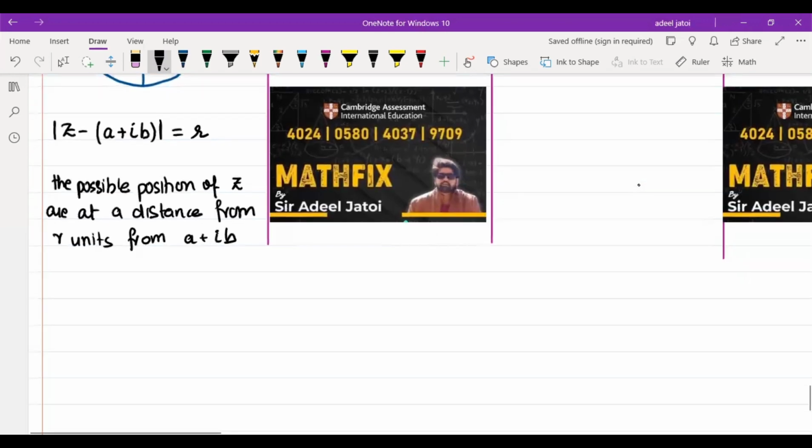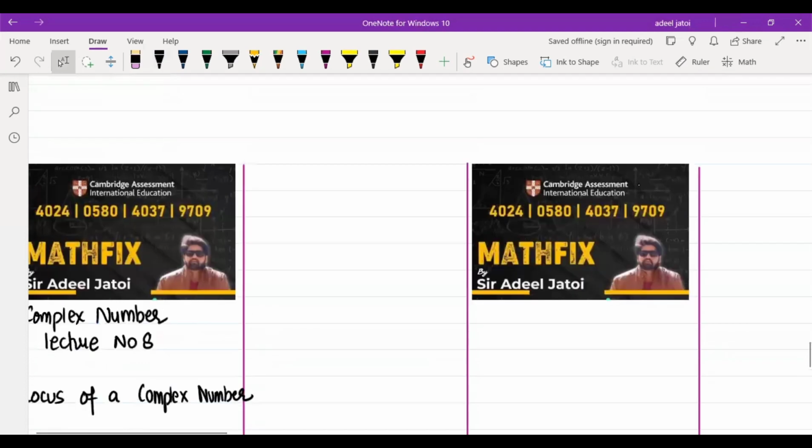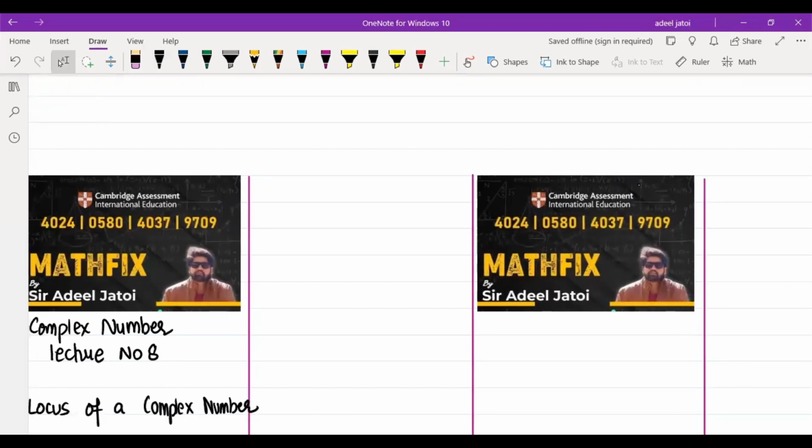Now let's say we have modulus of z is equal to 3. If the modulus of z is equal to 3 is given, that means z minus (0 plus 0 iota), which means when it's only the z, we are talking about the origin, and this should be equal to 3.